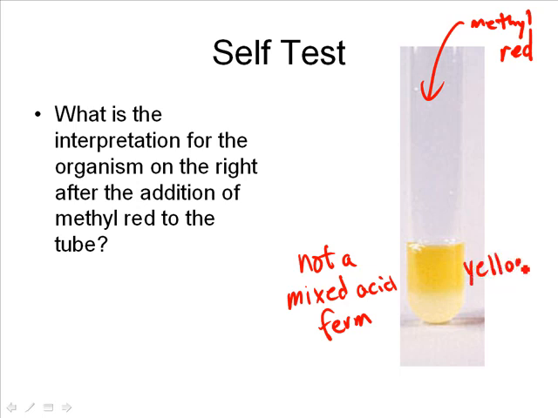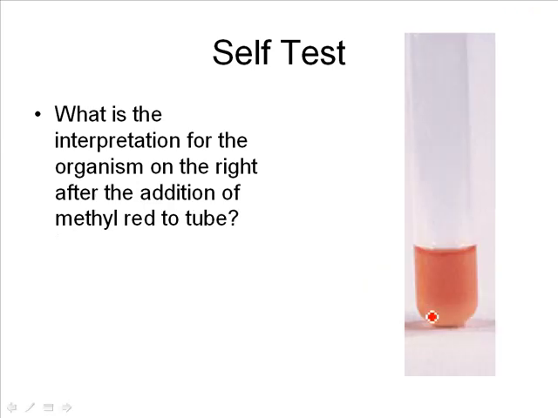And what really tipped me off there is that nice yellow color after the addition of methyl red. Remember, the color yellow indicates a pH that is greater than or equal to 6.2, which tells me those acids have further been neutralized. And therefore, that pH approaches a neutral pH.